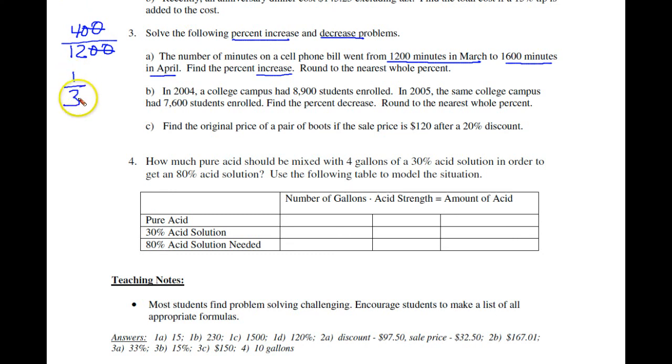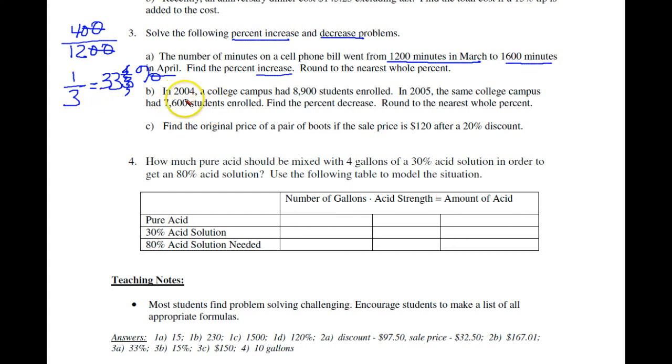So what is 1/3 in a percent? Well, it's 33 1/3%, because that's a repeating decimal. So for number 4, they rounded off and they didn't count the 1/3 here, so we'll just say 33%.